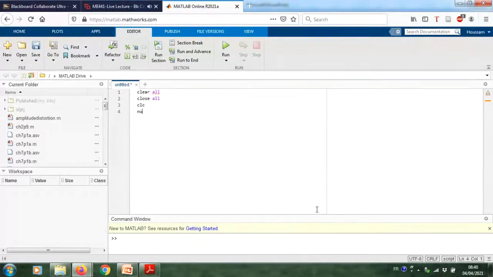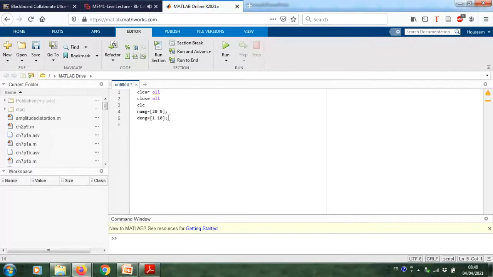The numerator is 20s, that means the vector 20, 0, and the denominator of g is s plus 10. That means you'll have 1 for s and 10 as the second coefficient.